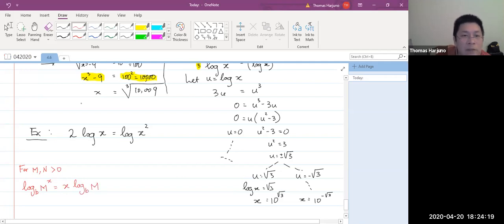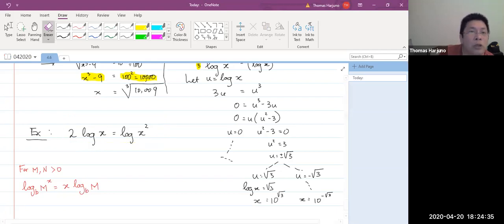So even though this equation seems to be an identity, what we need to take care of is that the argument has to be positive. The argument has to be positive.